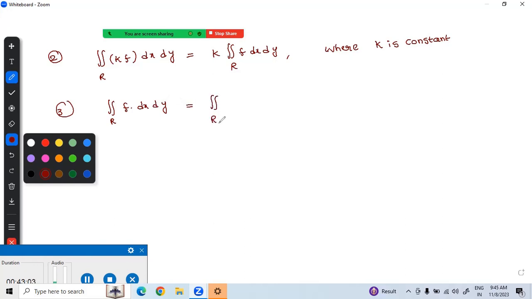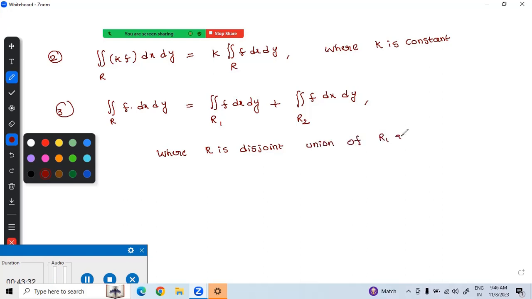Third one, the double integral of f dx dy over R is the integral over R1 of f dx dy plus the double integral over R2 of f dx dy, where capital R is the disjoint union of R1 and R2.